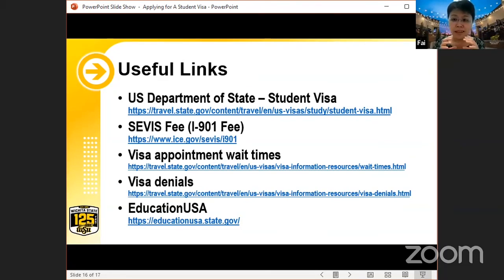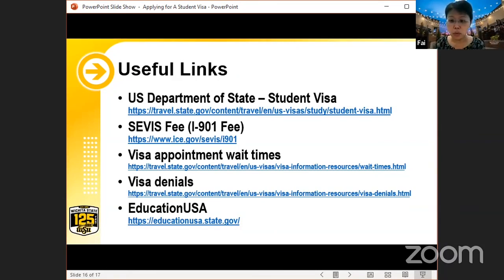If you get approved, you will get a visa sticker, and the sticker will show the school name. In that case, you should stick with that school and then you go to the US.